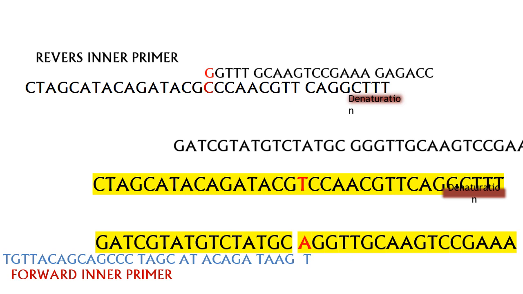This is the DNA molecule of a second individual. It means that there is presence of a T nucleotide at that point, and the primer will get attached and the product will be formed, and we will be able to recognize the product on the basis of its length. So this is how the inner primers of the ARMS PCR work.